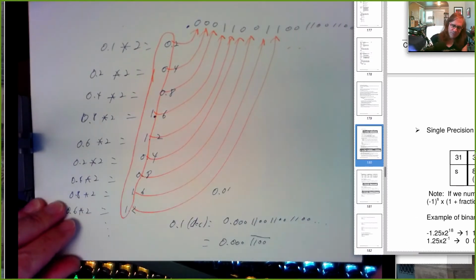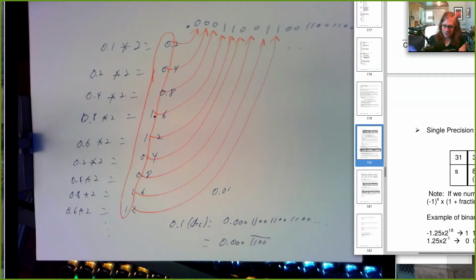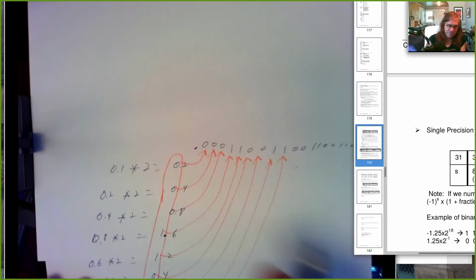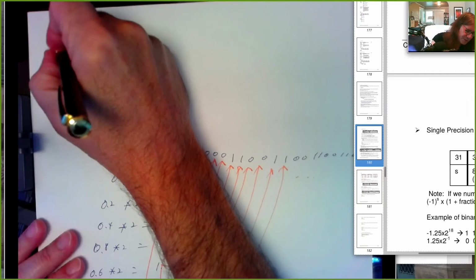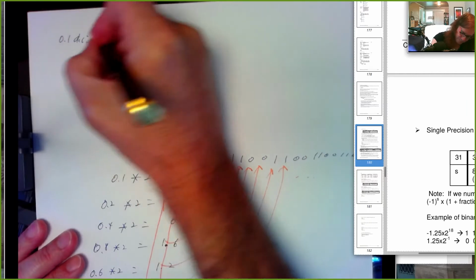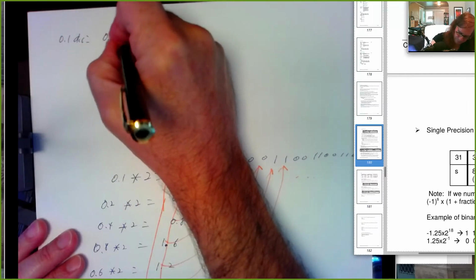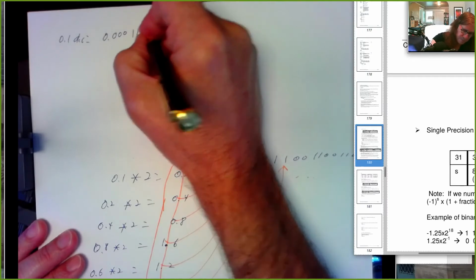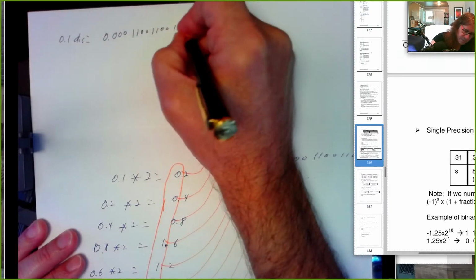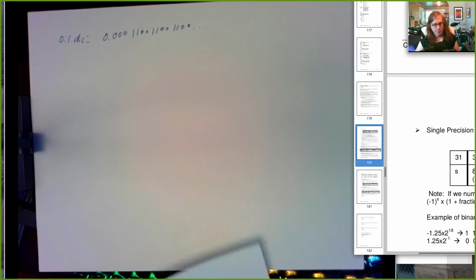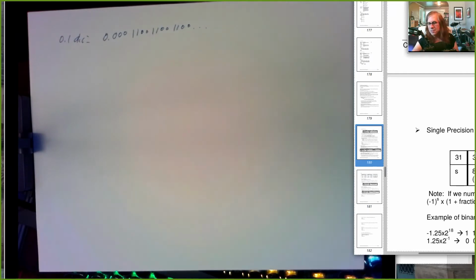All right, so we know what 0.1 is in binary. Let's go ahead and convert it to floating point. So let me repeat this up here. All right, so there's our binary representation.